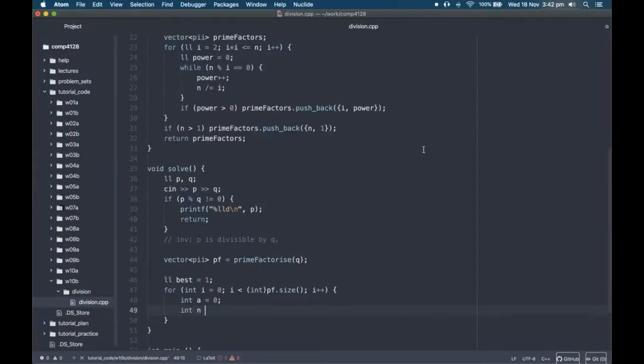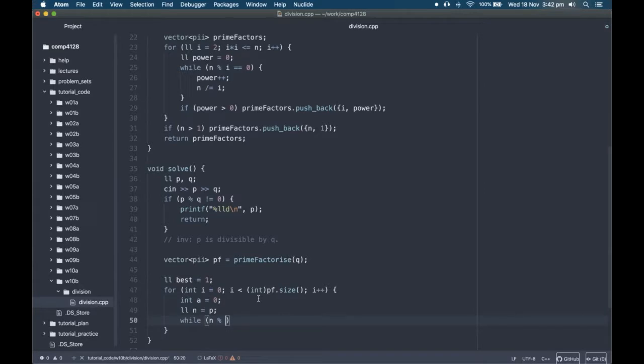I'm going to do a very similar algorithm to what we did before. So n is going to become a copy of p. So we're going to set that. And then while n mod p, and I should probably define p as equal to pf. Well, actually, no, let's not do that.